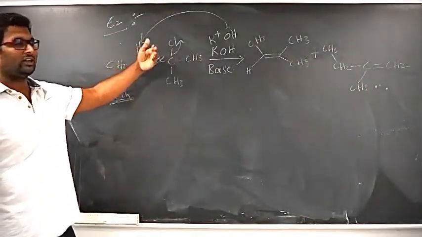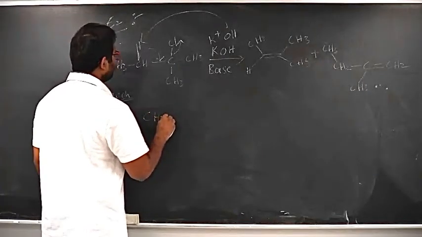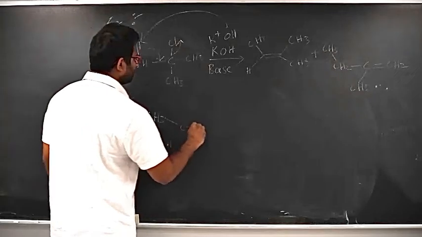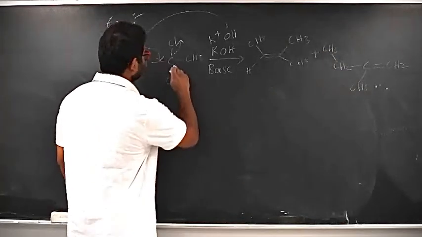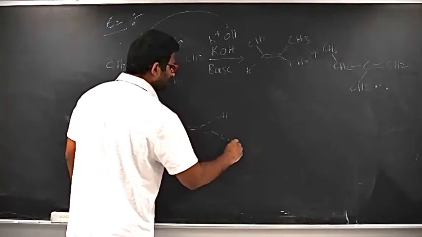Here the chlorine is the leaving group. So it ends up as CH3, CH double bond C, CH3 and CH3.